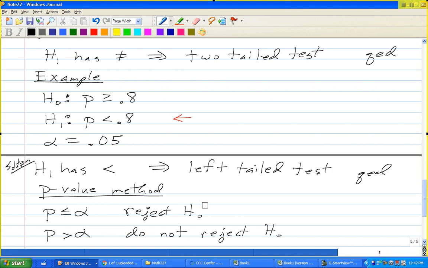Also, it is better if you never say that you accept any claim, because there could be further statistical evidence that you can present where maybe what you thought was true is not really true.